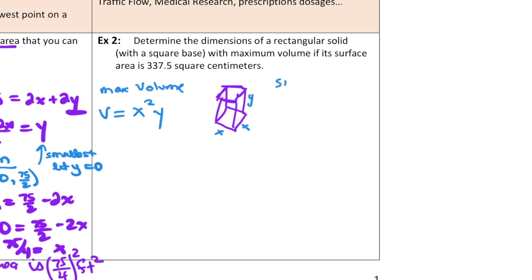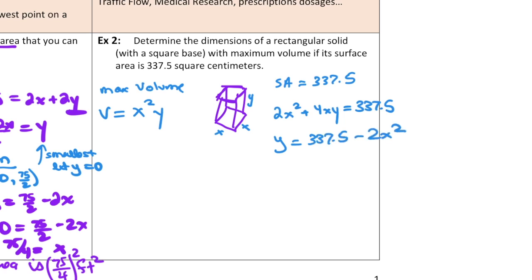You're told that the surface area is equal to 337.5. So finding the surface area gives us 2x squared plus 4xy equals 337.5. From there, you can solve for y, and we'll come up with y equals 337.5 minus your 2x squared, all divided by 4x.